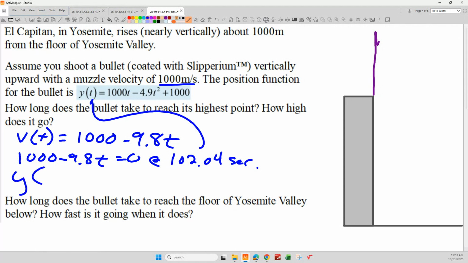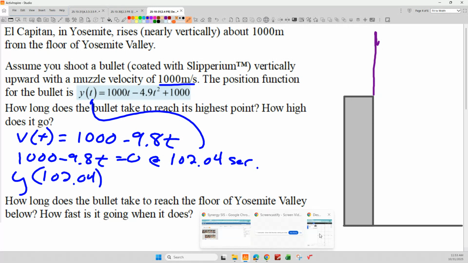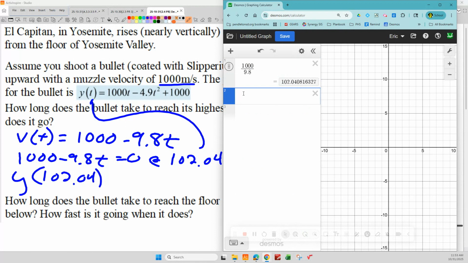Y of 102.04 is what? Okay, let's see. Y of t equals 1,000 t minus 4.9 t squared plus 1,000.